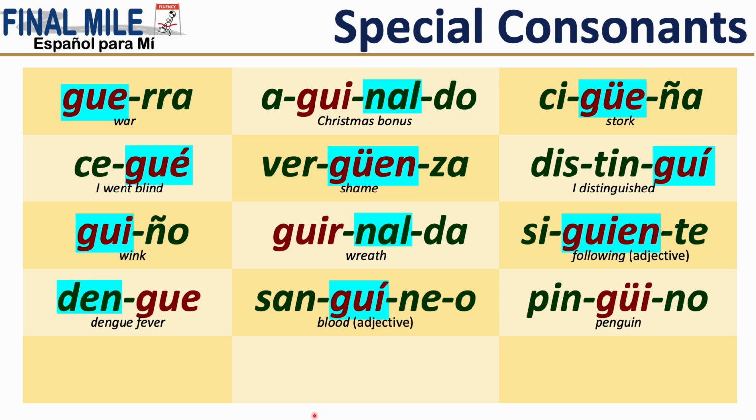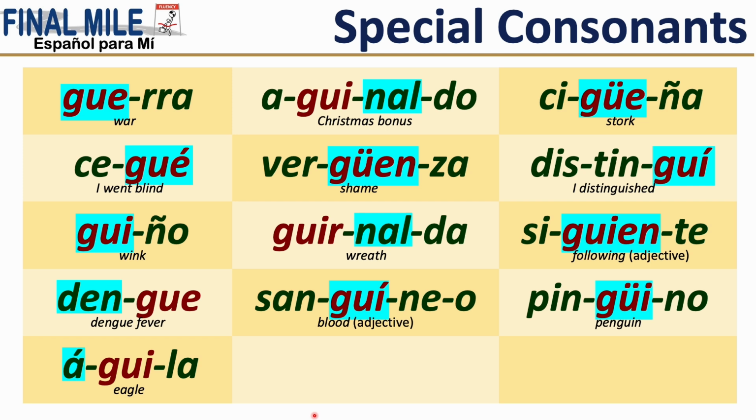Smile. Hopefully you're in a good mood. Is that a silent U? No. So that middle syllable is going to be gui. Pingüino. Graphic accent. What's the middle syllable?